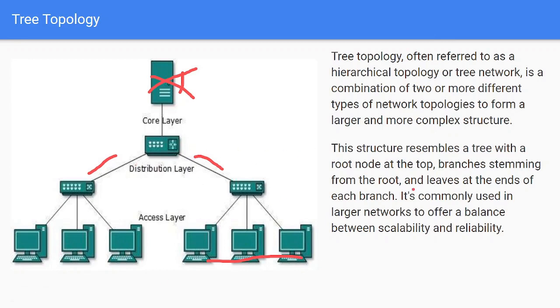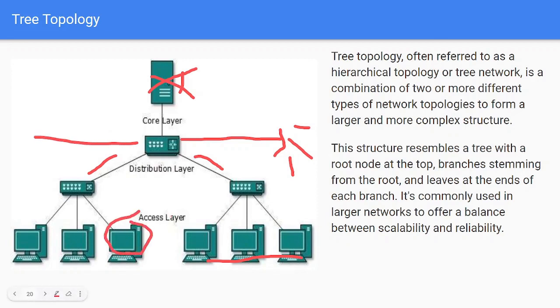It is commonly used in larger organizations to offer balance and scalability. You can add another layer here, you can add another layer here, and this layer can have its own branches. One, two, three. Look, it is scalable, and it's also reliable. If there's an issue with these ones here, you can continue.